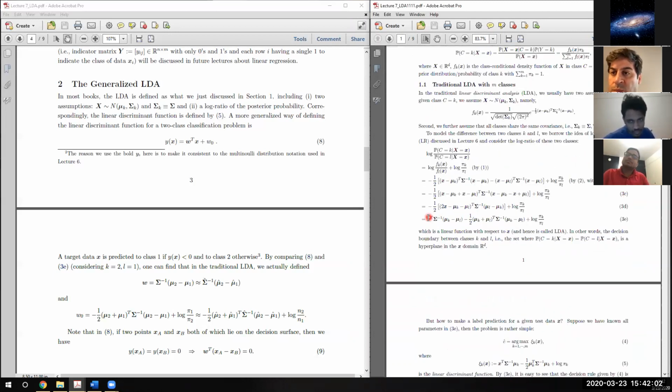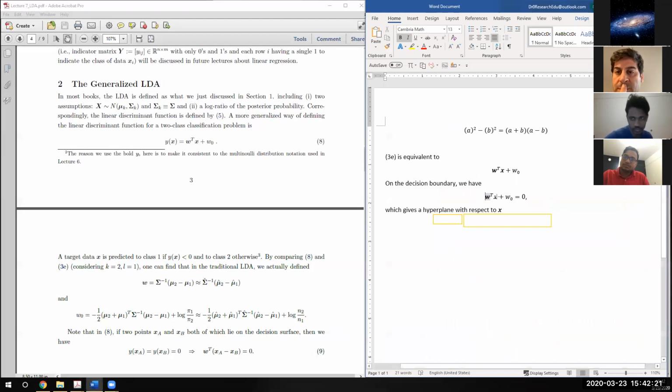I'm talking about here. So this part is W. Again, from here to here is W. And this, let me use a circle. Oh my God, I really hate to draw it again. This part is W, and this part is W0. See it? That's what I wrote here, okay? W transpose x plus W0.